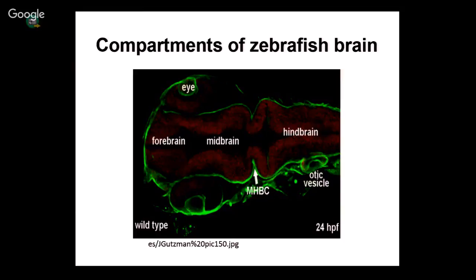This is a figure of the zebrafish brain. You can subdivide it into forebrain, midbrain and hindbrain. Between the midbrain and hindbrain, which the students are going to talk about, there's the midbrain-hindbrain boundary. Normally, different components of the zebrafish brain develop at a different pace, and the midbrain is the slowest one.